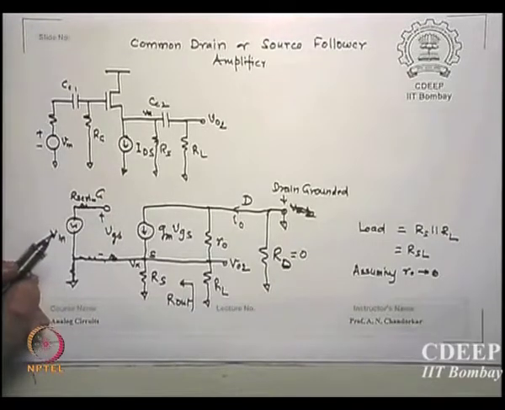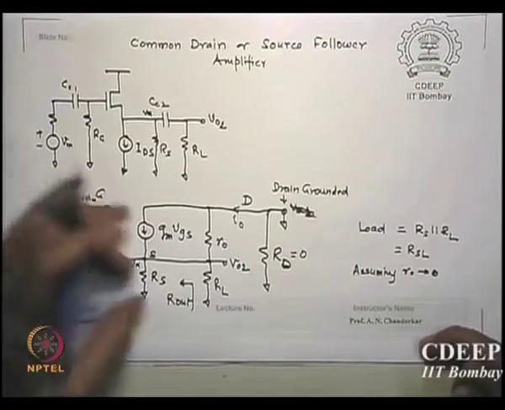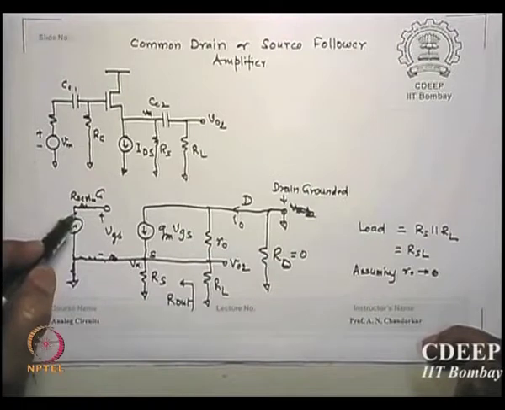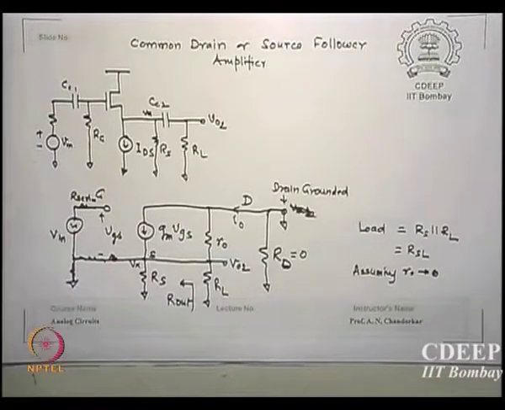Across that is VGS. Across VGS is across Rg. So voltage across Rg is VGS plus drop across Rs, which must be equal to the input voltage if this resistance is 0. Is that okay? So his point of view is very correct, otherwise the equations will go awry. Okay, very good, thank you.